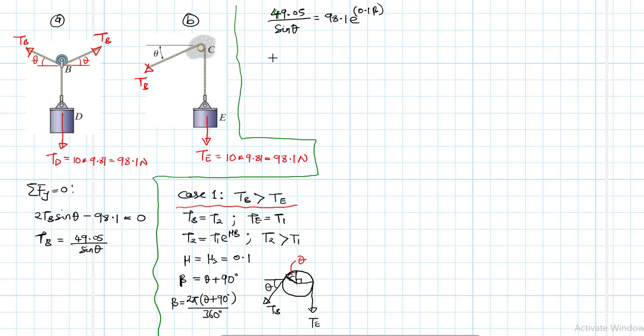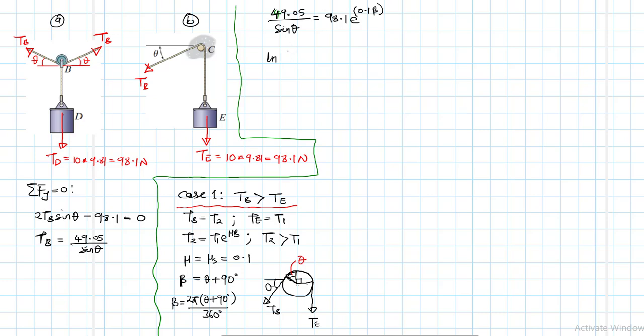Okay, rearranging this and taking ln on both sides, we are going to have an expression like this. So we're going to have an expression ln, 98.1 comes under there, 49 divided by that and everything. Okay, let me just write what we're going to have.